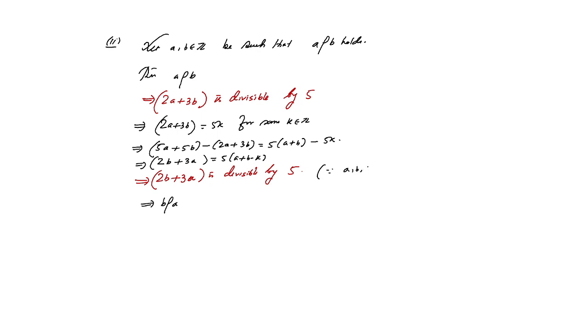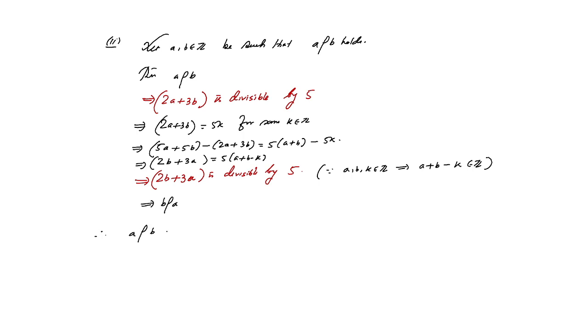Now since A, B, K are all integers, A plus B is an integer, minus K is an integer, so A plus B minus K must be an integer. That means 2B plus 3A is divisible by 5. So what did we prove?